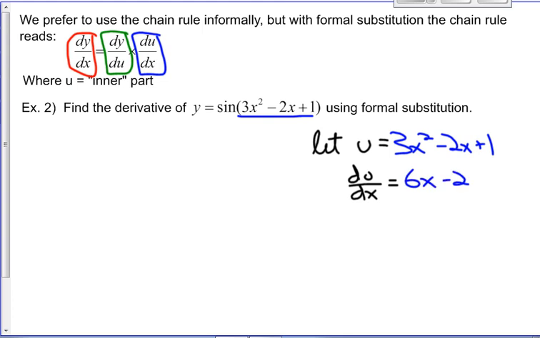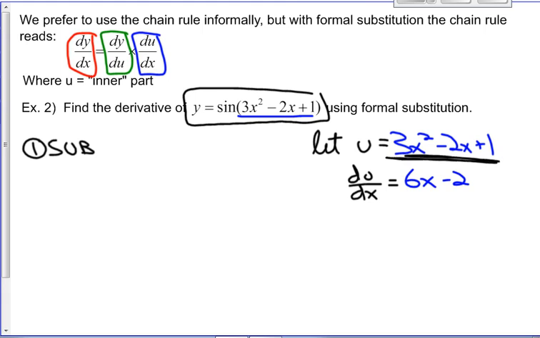And here are the steps to do this formally. Number 1, we're going to substitute. So to start with, we had y equals sine of 3x squared minus 2x plus 1. But we're saying u is this thing here. So I can call this y equals sine of u.